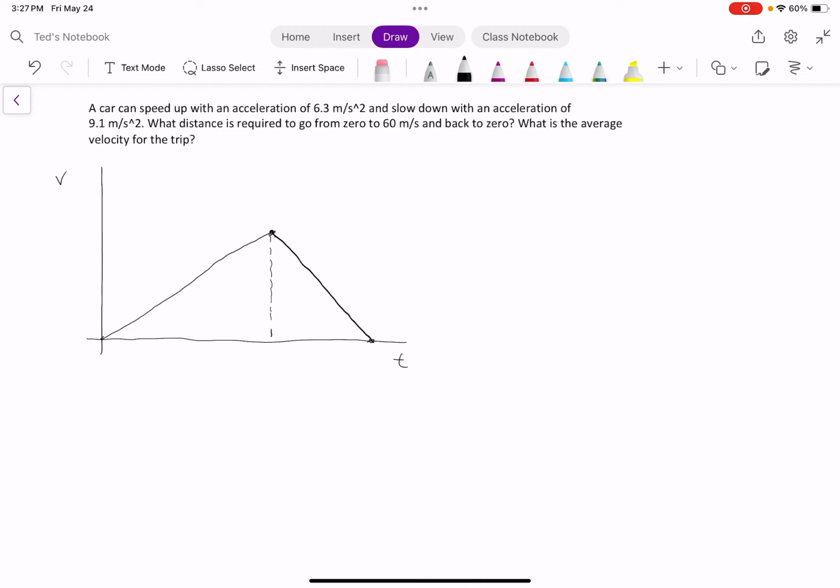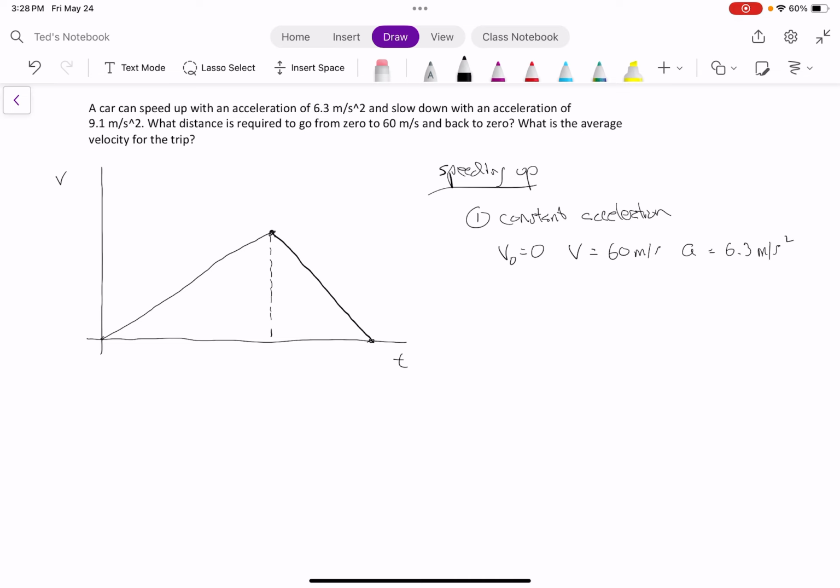All right, so for speeding up, we're going to say, okay, this is constant acceleration. And we know that the initial velocity is 0, the final velocity is 60 meters per second, and the acceleration is 6.3 meters per second squared.